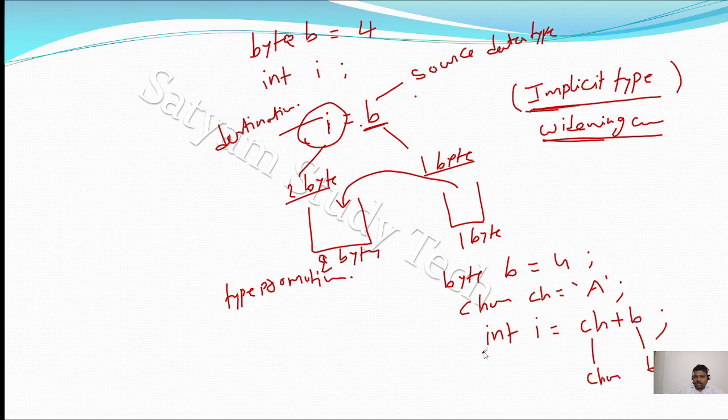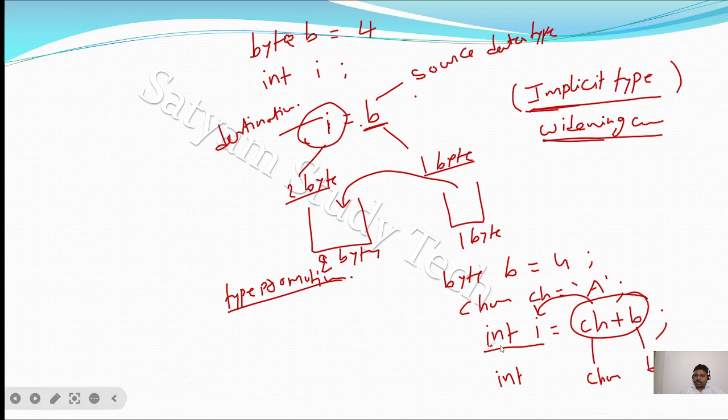Here the destination variable is integer type. So the character and byte types are converted into integer type. This is called type promotion, which is also called implicit type conversion. The data types must be compatible, that means the data you assign to a destination variable must be compatible with that variable.